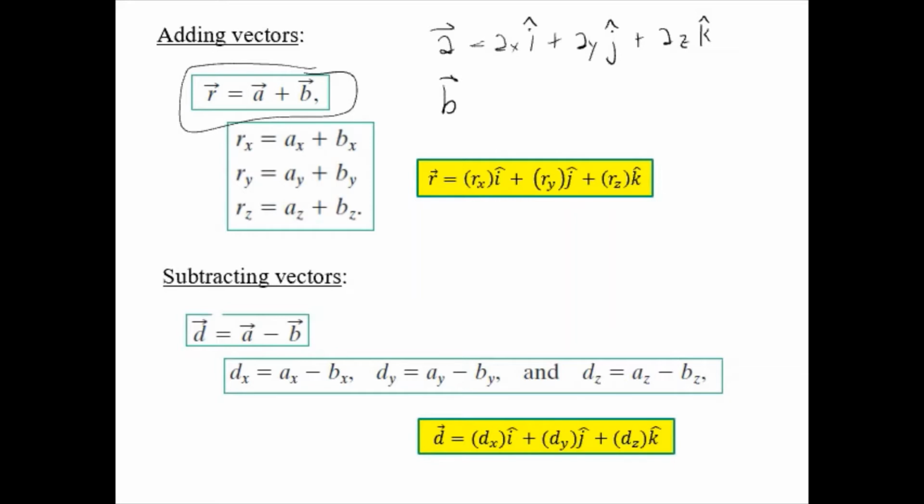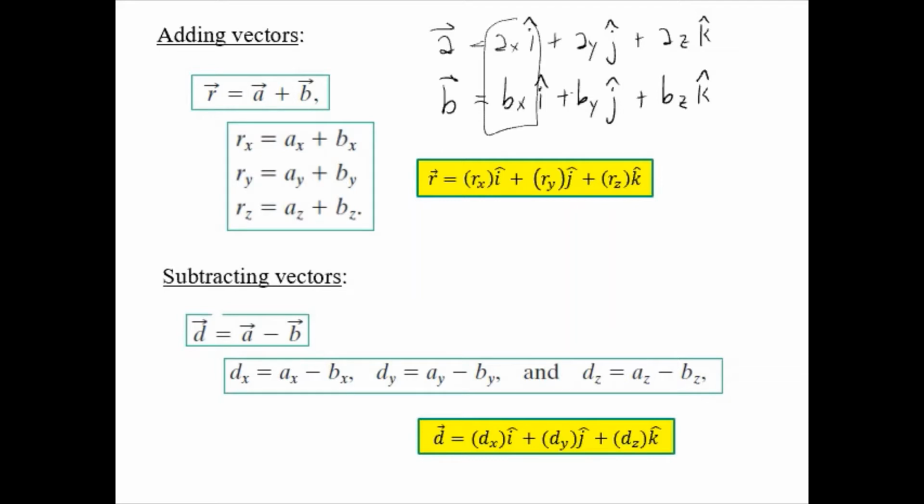Vector b would be equal to b sub x i plus b sub y j plus b sub z k. And so adding the vectors together simply becomes a process of adding together the x components. I would have a sub x plus b sub x becomes my r sub x. A sub y plus b sub y becomes my r sub y, and a sub z plus b sub z becomes my r sub z.